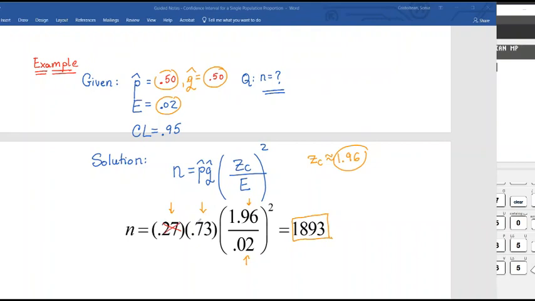So these numbers are not known. We'll just simply redo the problem. And these are the only numbers that will actually be replaced. And of course, you will get a different answer. Okay? I'll just make a note here. If p hat is not known, make this adjustment. Okay? With this, I conclude the video.